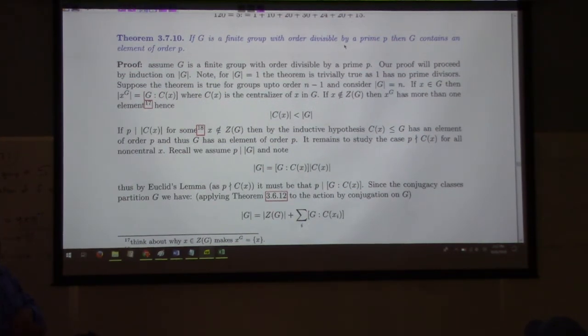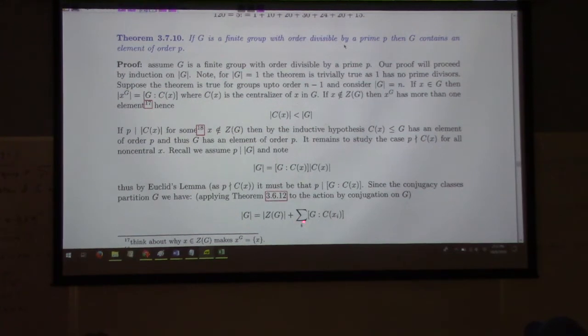These are the size of the orbit for the non-central x. It's the number of things it conjugates to. So this is saying that the order of G is the number of things in each orbit added together. It's broken down into the orbits that are just singletons and the orbits that are more than singletons, which again are described by the index of the centralizer of such elements.